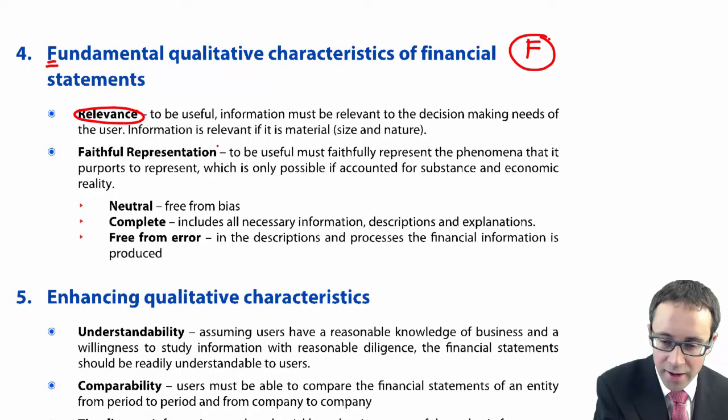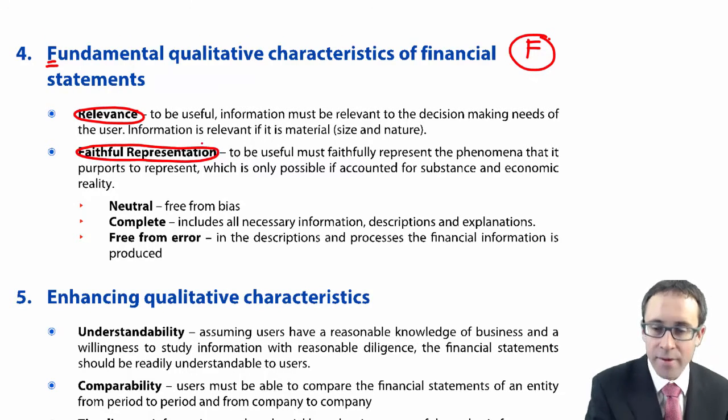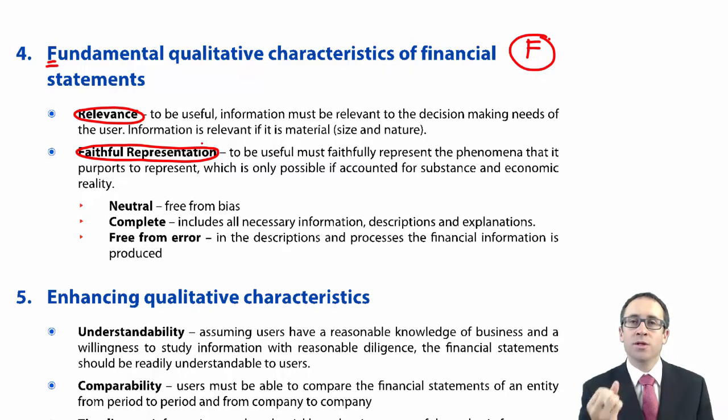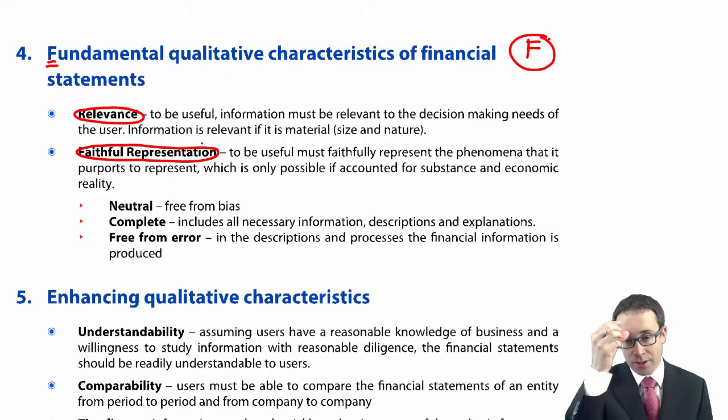So when you're preparing your financial statements, the information that you present within them, to ensure that we meet the objective of showing the financial position, performance, and changes in financial position, needs to exhibit those fundamental qualitative characteristics.